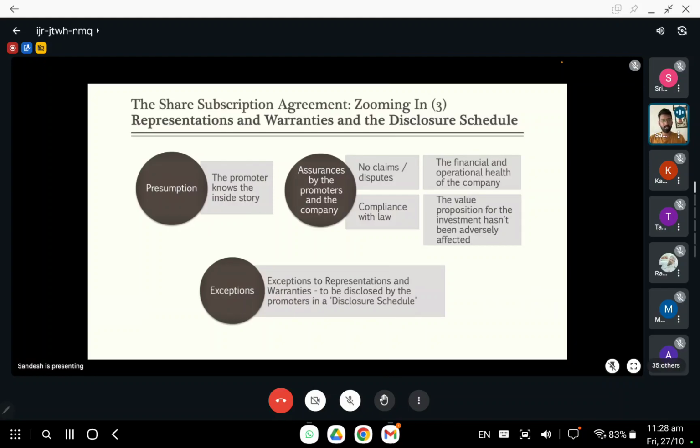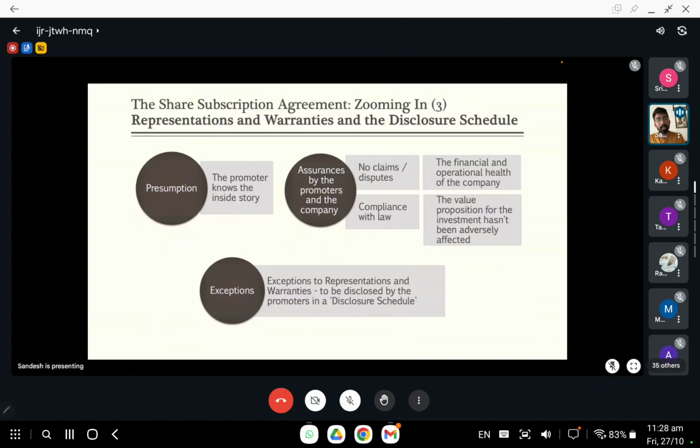So what you're going to tell the investor is usually divided into 8 to 10 sections. That is, you're going to say that, look, I am incorporated correctly, I have paid all my taxes on time, I have made all my filings on time, I don't have cases against me, all my employees have valid and binding contracts with me, my IP is safe, my IP is protected, I don't have any pending litigations against me in my personal capacity or against the founder or against the company.